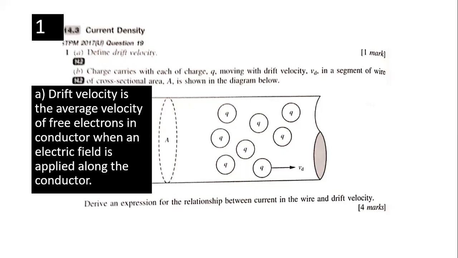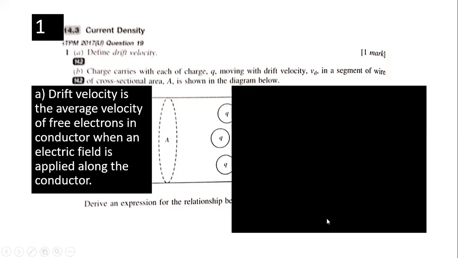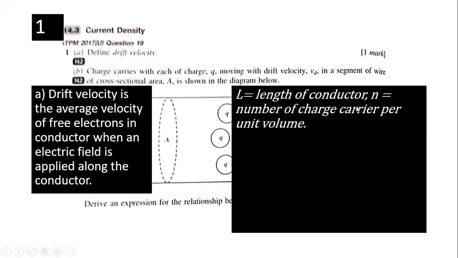Derive an expression for the relationship between current in the wire and drift velocity. Right? Just I is nAev. Very popular question. Let the length of the conductor be L, n is number of charge carriers per unit volume. So your total number of charge is just your number times volume.